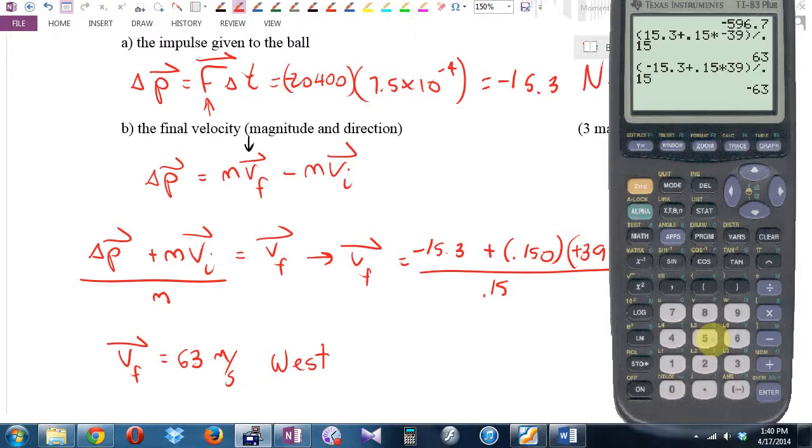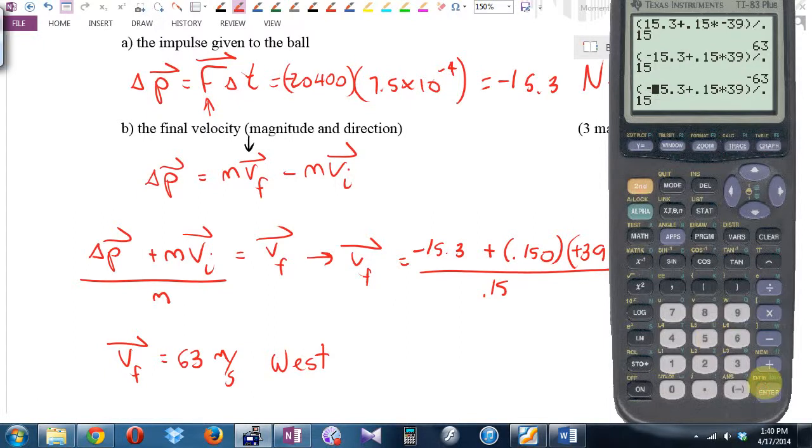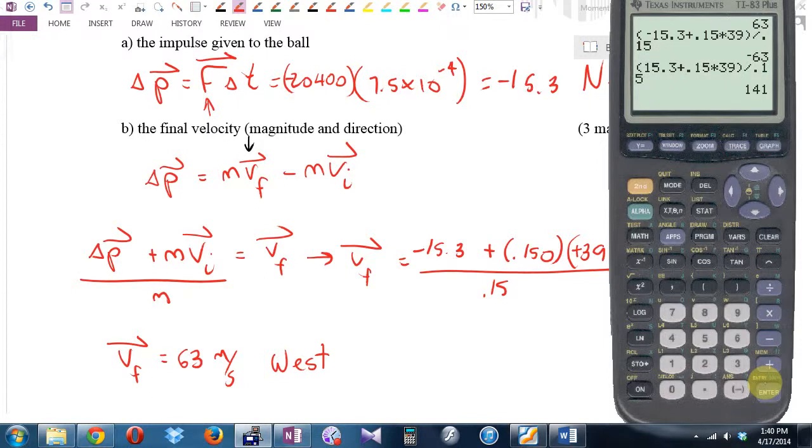So if you slipped up on that, in other words, if you got the wrong magnitude of velocity, if you got that as an answer, which, by the way, is pretty fast. That's taking off at over 250 miles an hour. That's pretty fast. I'll give you 2 out of 3 on this question, okay?